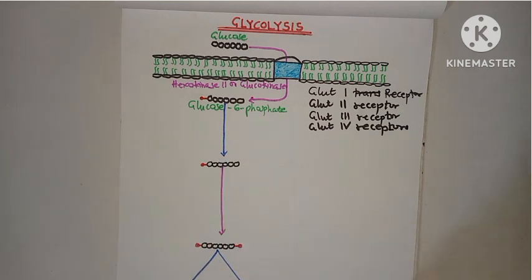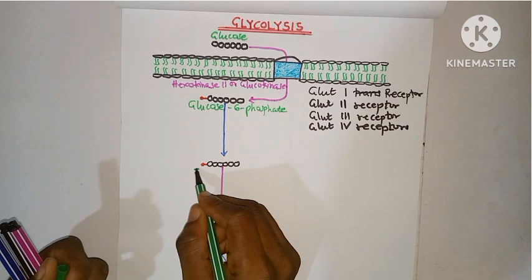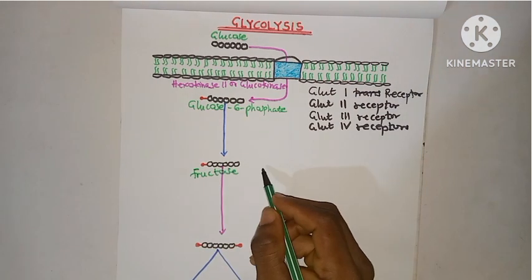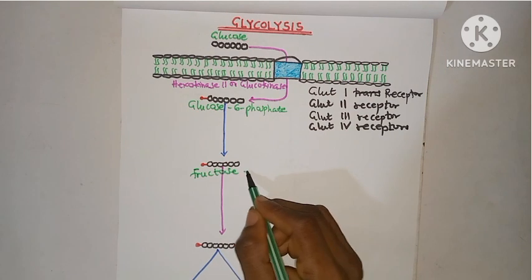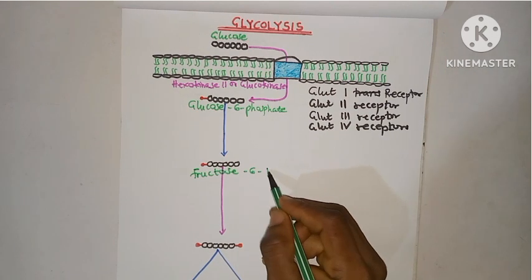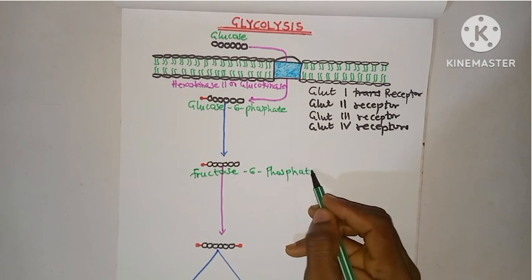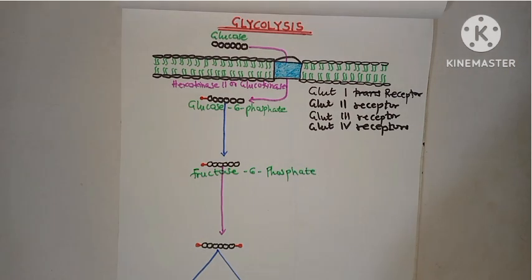Let me write that down. So fructose 6 phosphate. And the name of the enzyme is phosphohexoisomerase.